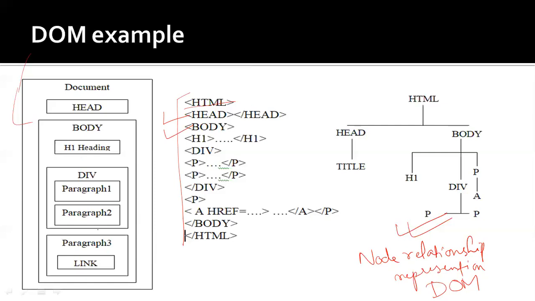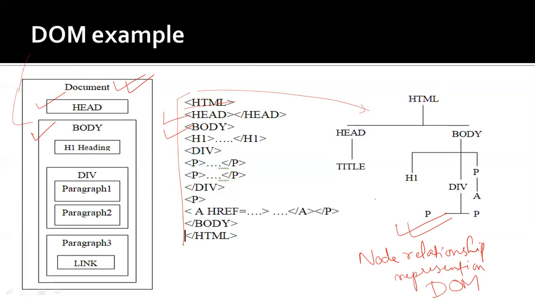You can see here in this rectangular box representation also, the entire document consists of two blocks, the head section and the body section. And the same thing is represented here.